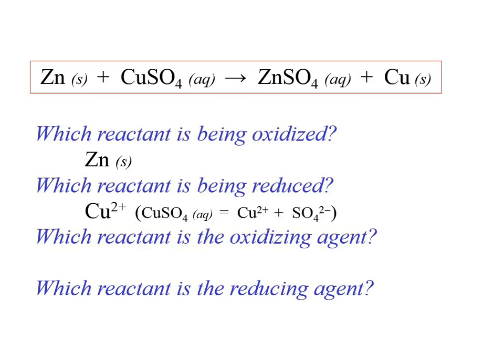The oxidizing agent is the thing being reduced. So actually that would also be the copper +2 cation. The reducing agent is the thing being oxidized. So that would be the zinc solid. So it's kind of like that.